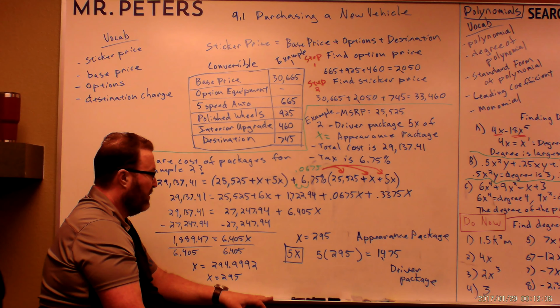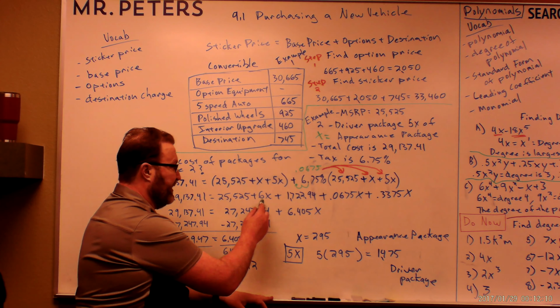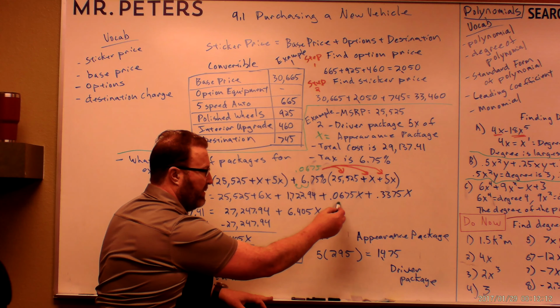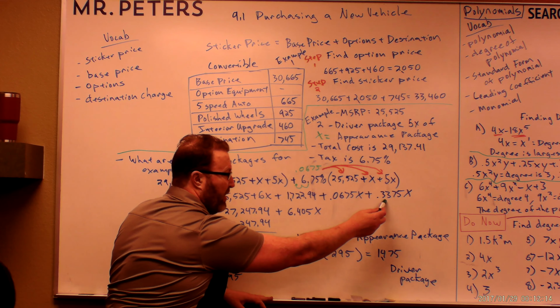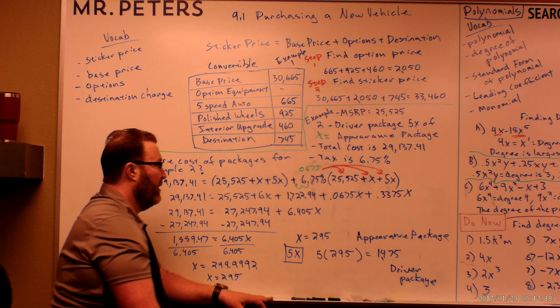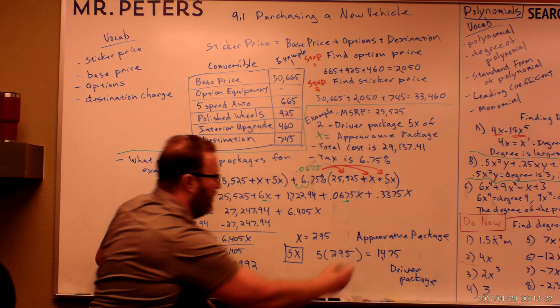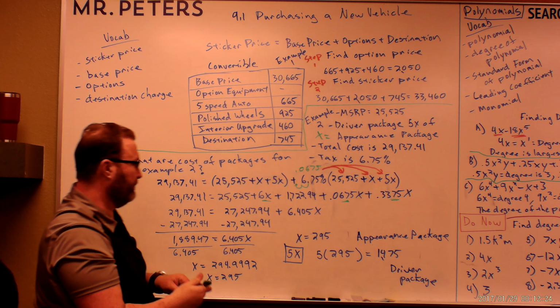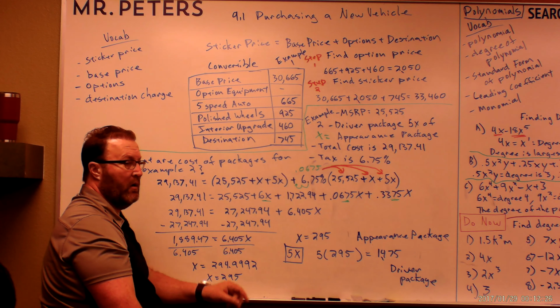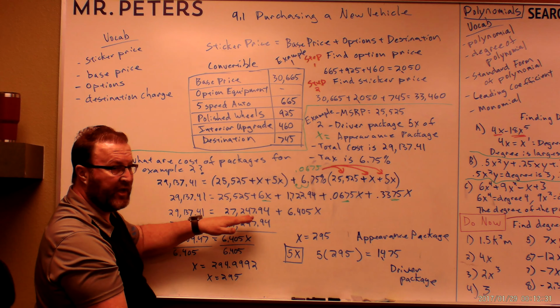Yeah. Okay, now let's add the sixes together. 6 plus 0.0675 plus 0.3375. Add those together and tell me what you come up with. So you're going to add this one and this one together. 6.405. Okay, so we have all our x's together, we have all the numbers together, right?